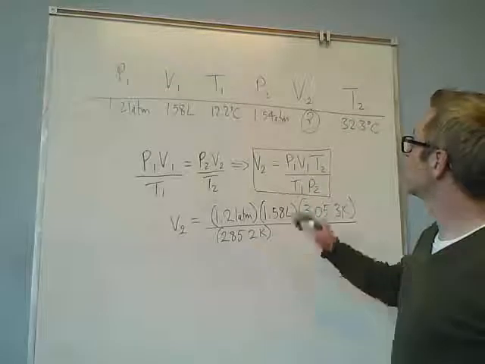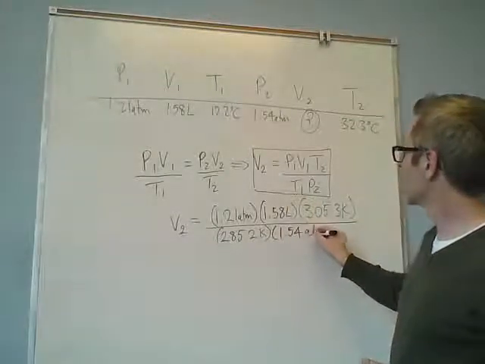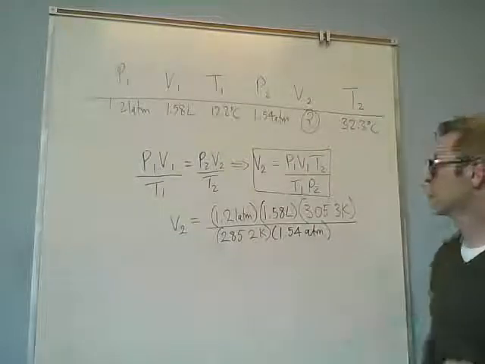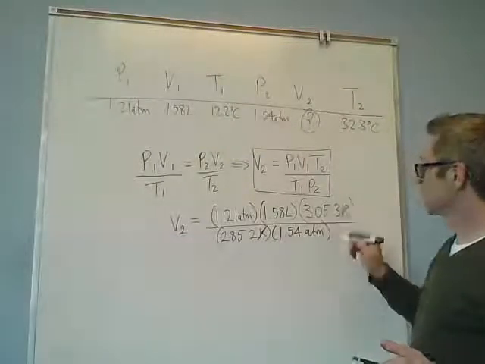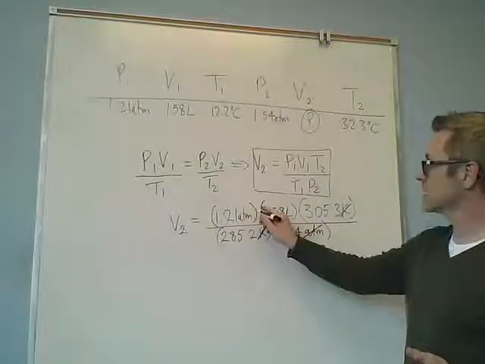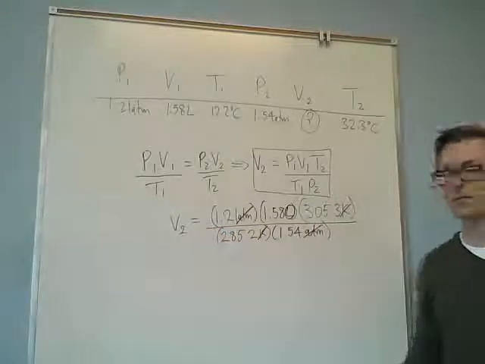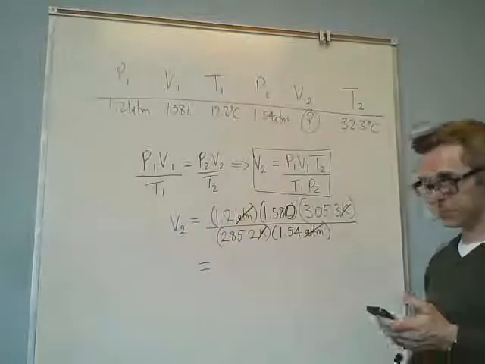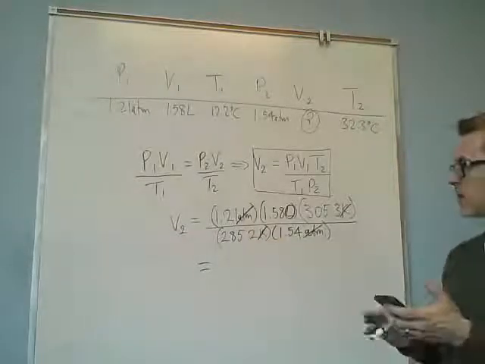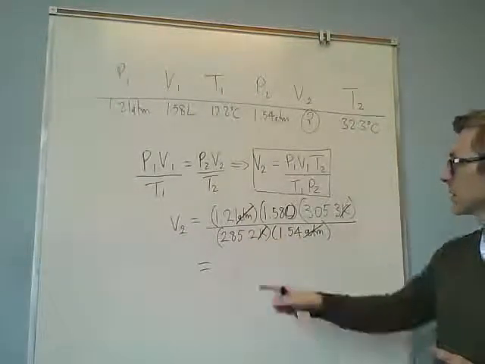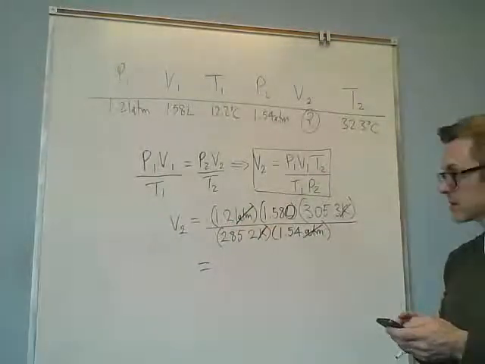And finally, P2 is 1.54 ATM. Let's look at the units. Kelvin cancels Kelvin. Atmosphere cancels atmosphere. And I'm going to have volume in units of liter. Let's round the final answer to 3 sig figs, to match our lowest, 1.21.